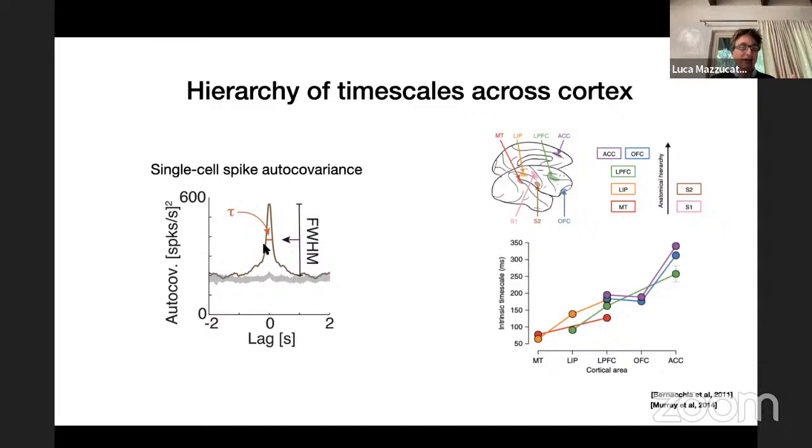You can estimate the typical timescale in many ways, as the full width at half max, or in the case of this paper on the right from Xiaojing Wang's lab, in terms of the average decay time of population activity.